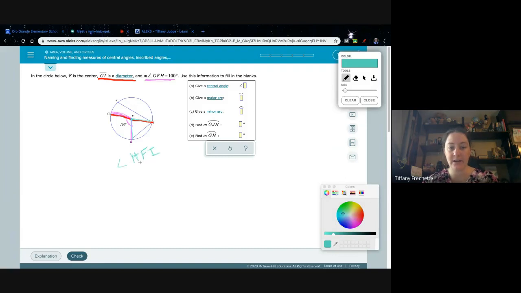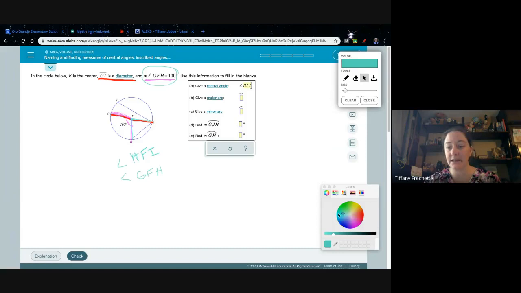So that would be angle HFI. Or I can actually use the angle that they gave us here, because that goes to the center. So that could actually be my answer. That's perfectly fine. So I have 2 different answers that I could do here. Once we get into geometry and naming some of the parts, we generally have more than one answer. So I'm going to go ahead and go with HFI since that's not the one they gave us.